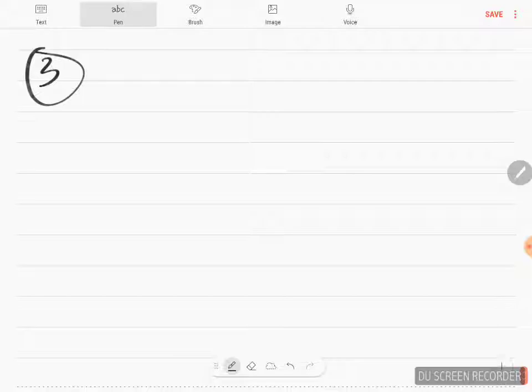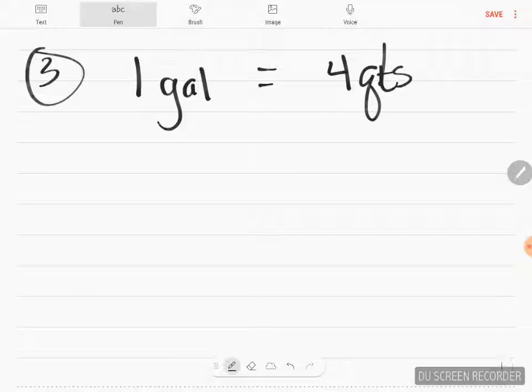Question 3. 1 quart is what percentage of 1 gallon? Well, we know that 1 gallon equals 4 quarts. So we want to know 1 quart is what percentage. Think of it as fractions.